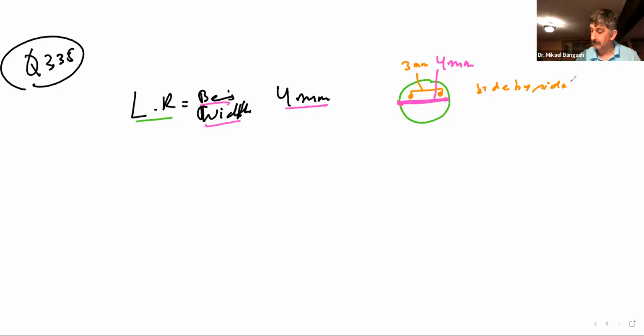Good. What will most likely appear on the system's display? So if that was the case, what would we see? Would we see two weak echoes 4 millimeters apart?